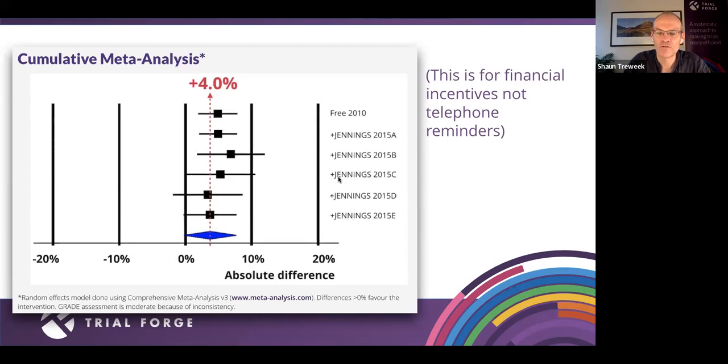So this one for financial incentives as recruitment is for 6 pieces of evidence, 6 trials, 5 of them done by a single group. You can see there's a waviness as you add the data from each one. There's a bit of inconsistency. One shoots out, one of the trials seems to be pushing it in a different direction, or at least more of an effect than the other trials.